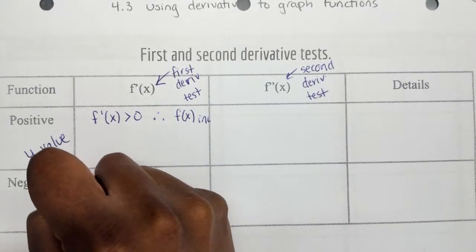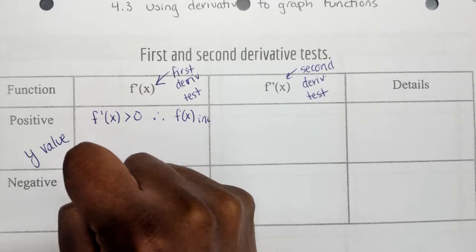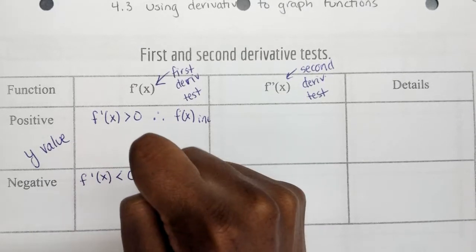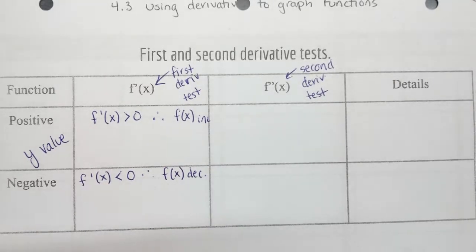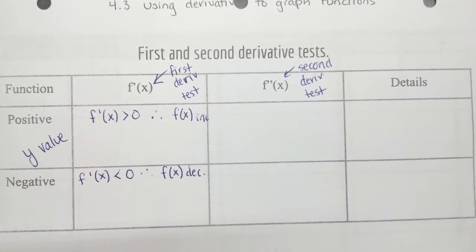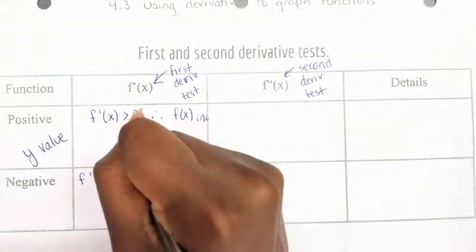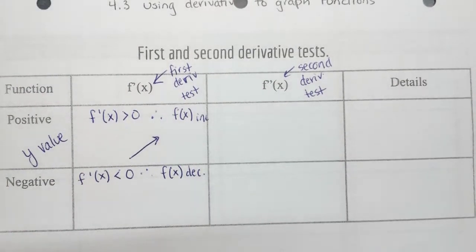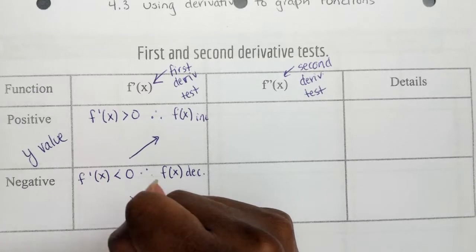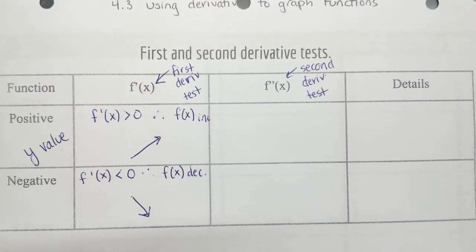If f prime of x is less than 0, then that tells us that f of x is decreasing. So that basically says that our graph of f of x is going up, our graph of f of x is going down. Okay?